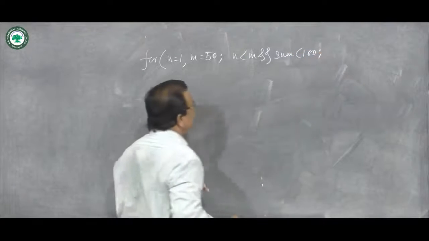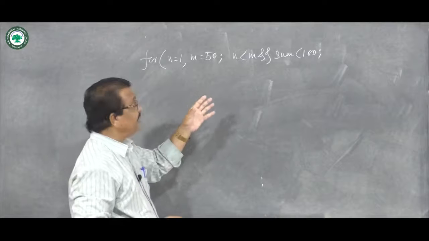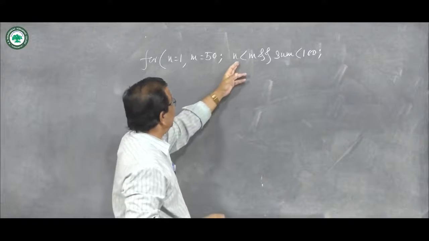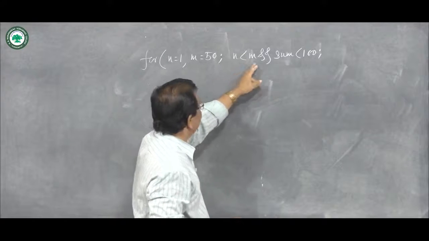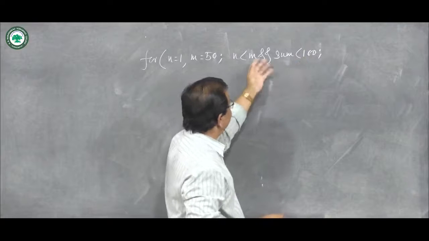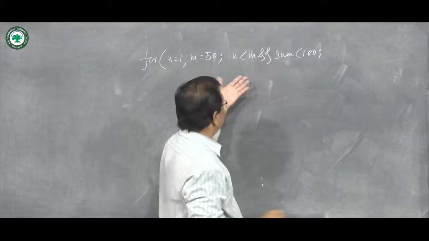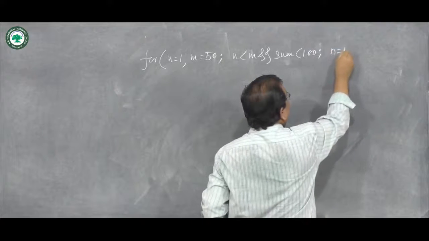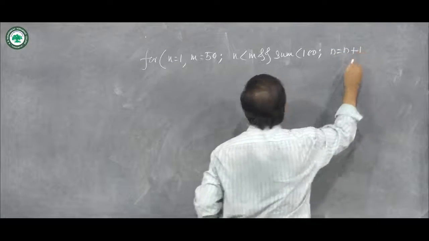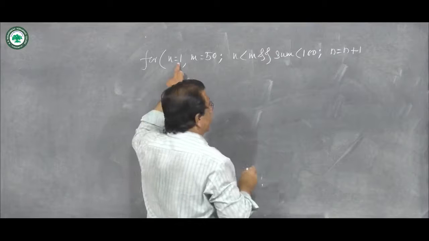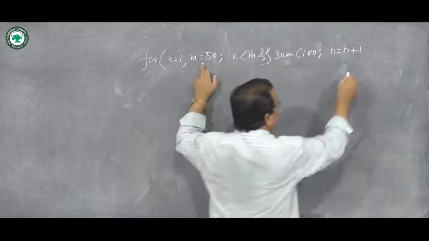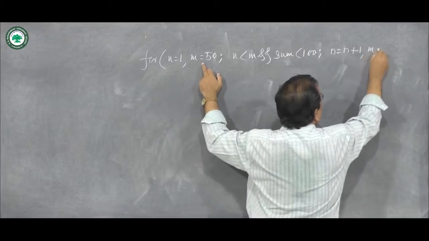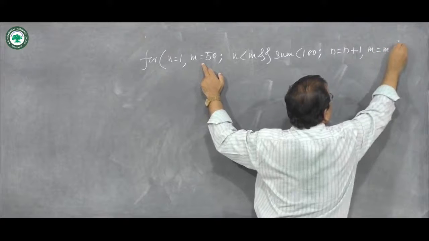This is the test condition which has a compound relation. So long as n is less than m and sum is less than 100, it will be true and the statement will get executed. Every time I increment the value of n by 1, because n is starting from 1 and m has been set to 50, so I will decrement m by unity, m minus 1.